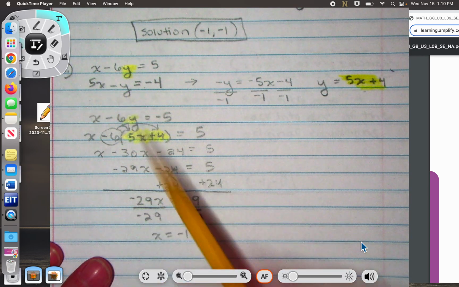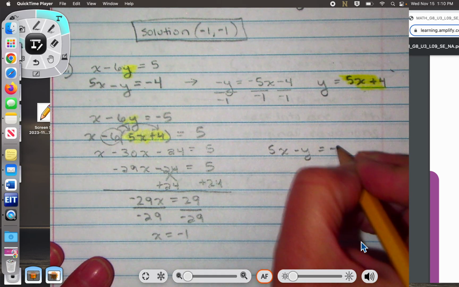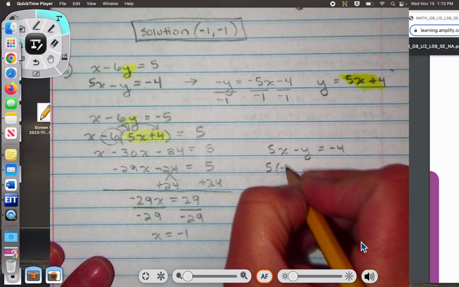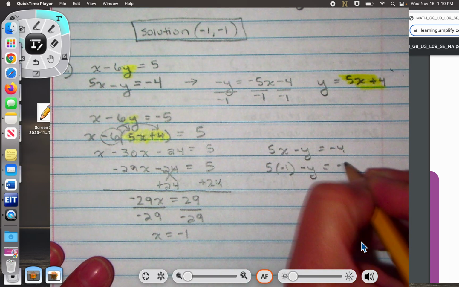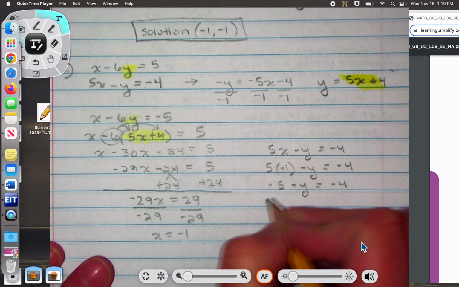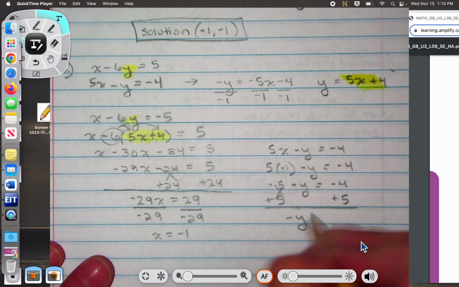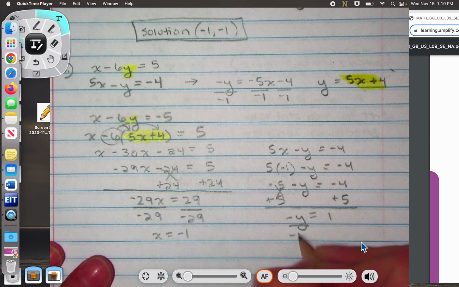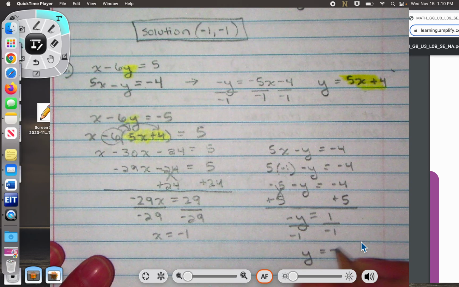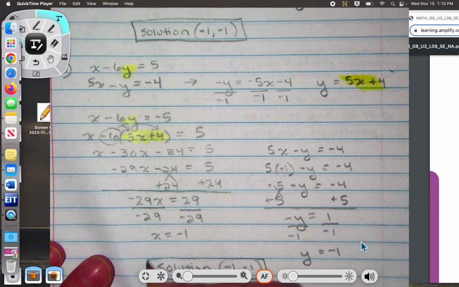Stella likes the second one, so we'll go with that. 5x minus y equals negative 4. And we end up with the exact same solution.